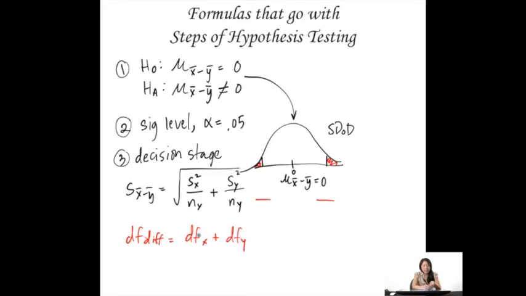And to find this, it's n sub x minus 1. To find that, it's n sub y minus 1, right? So we could write this as n sub x minus 1 plus n sub y minus 1, right? So you could write it like that. And then I think that's all you need to know for the decision stage.